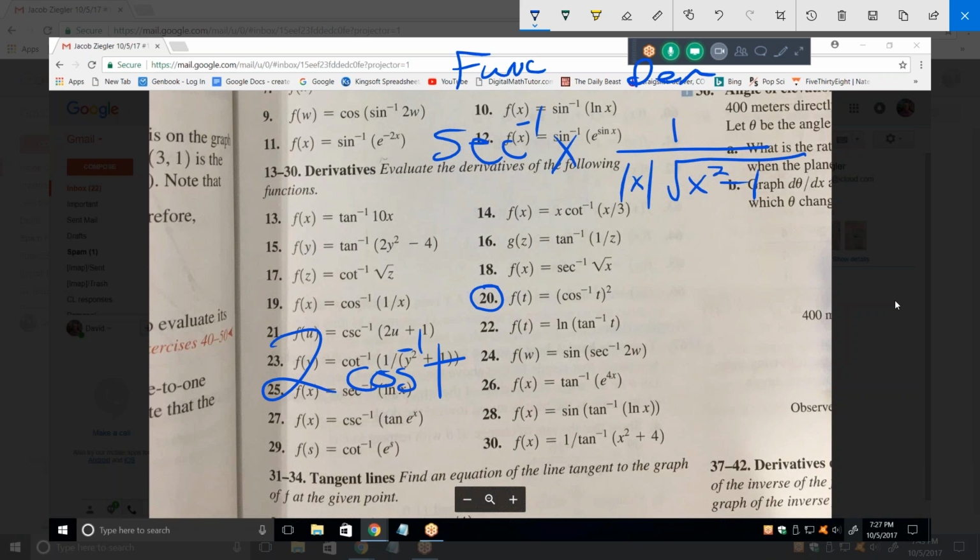Times times -1 over the square root of 1 minus t squared. Perfect.